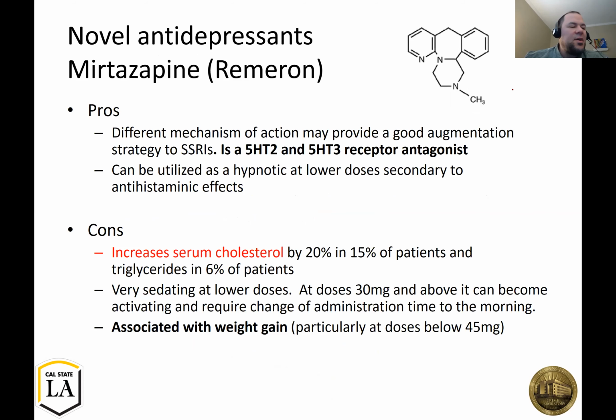But a big side effect on this one is that it increases cholesterol in some patients by 20%. And triglycerides. So someone that already has high triglycerides or cholesterol, this might be an issue for them. And you also get the weight gain. So again, may not be a drug for everyone, but it does have a novel mechanism, so that might be useful.